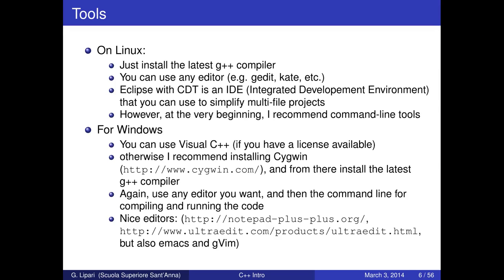For example, you can download VirtualBox for installing Linux in a virtual machine, and there you will find your g++ compiler. Please install the latest one, and then you can use any editor, or you can use some IDE for editing your projects. However, at the very beginning, I recommend you use command line tools. So you just use the terminal and an editor.